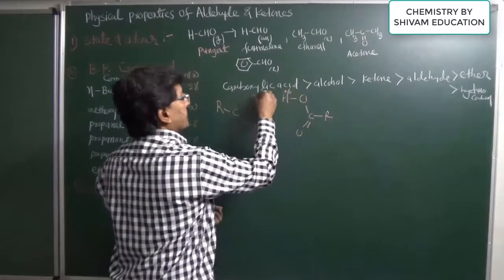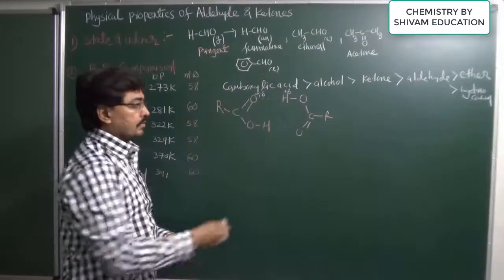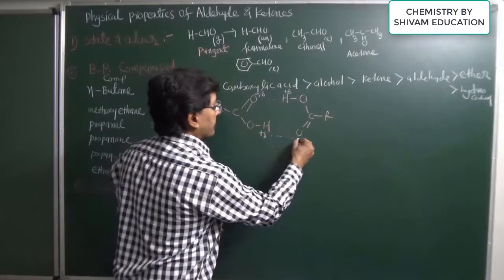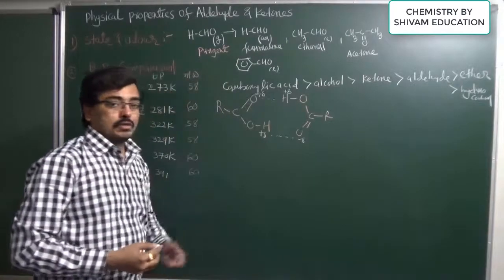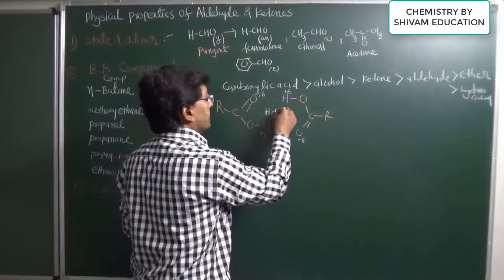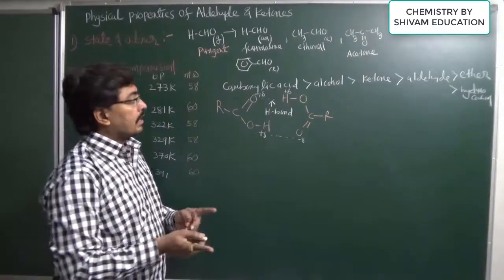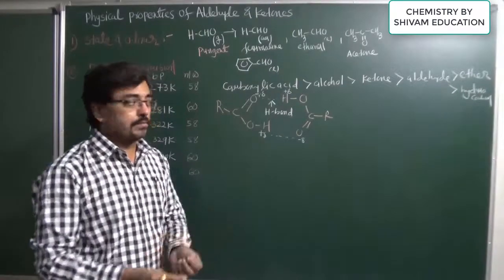Oxygen has a partially negative charge, hydrogen has a partially positive charge, so it has a bonding. Similarly, in an alcohol molecule also a hydrogen bond will form. This bond is nothing but a hydrogen bond. So in carboxylic acid, there is a strong hydrogen bond as compared to alcohol.